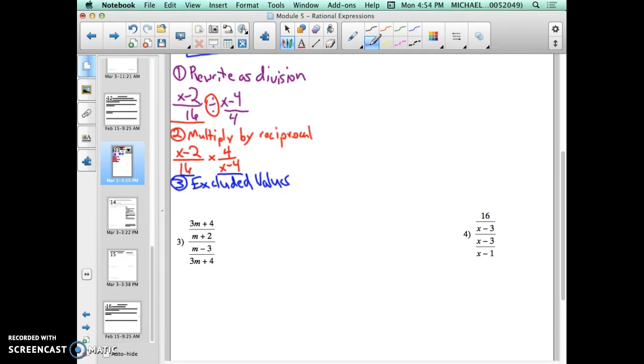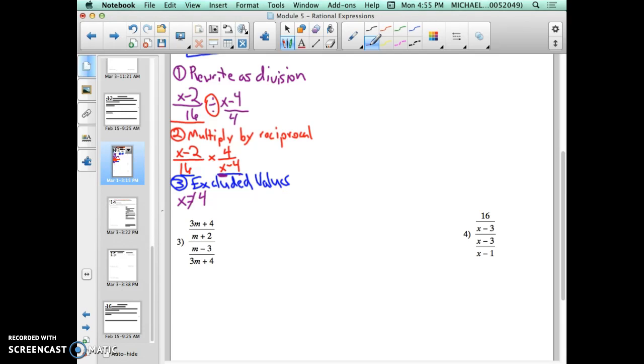Again, two ways to think about this. There's only one number that I put in for x here that would give me 0 for this factor, and that number is positive 4. x can't equal positive 4, because if I put 4 into this x right here, 4 minus 4 is 0, and that can't exist in the denominator. So that is my excluded value.